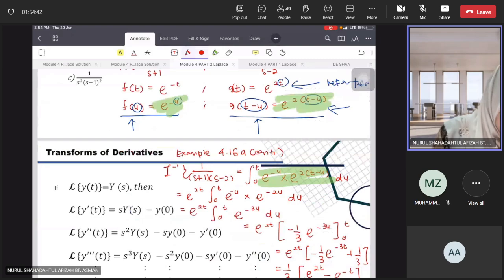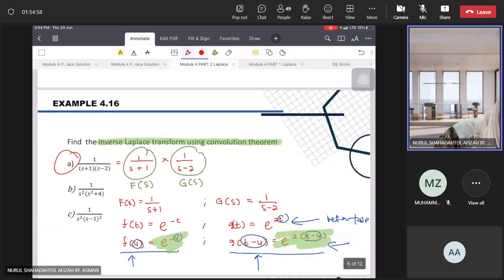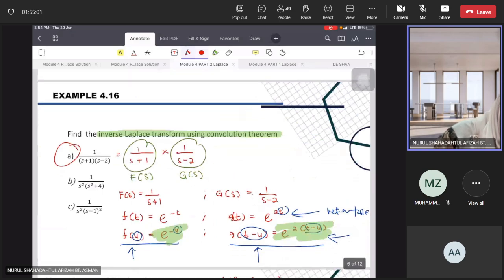For the next example, I think you can try to do it, and I'll just give the final answer. The final answer for B is 4t minus 1 over 2 sine 2t. And then the answer for C, 1 over 4.